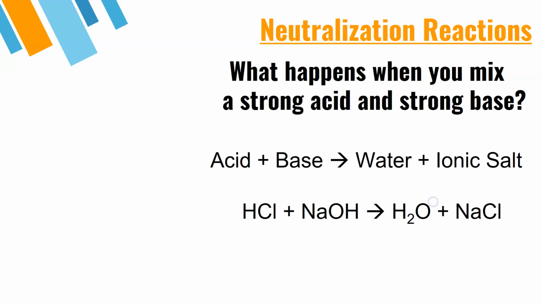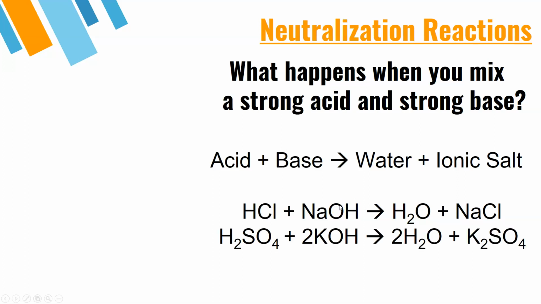It's always the same pattern. If you take hydrochloric acid and sodium hydroxide, mix them together, you're going to get water and sodium chloride. You should notice this is a double replacement reaction, isn't it? Acid-base reactions are like a subset of double replacement.